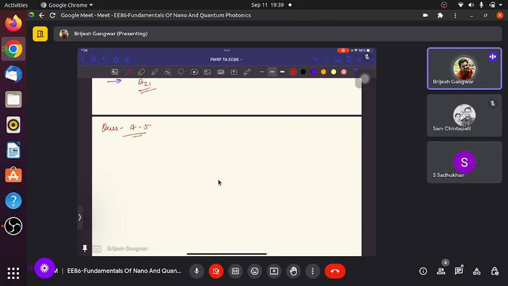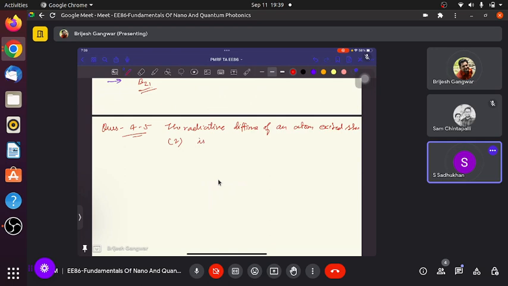Question 4. The radiative lifetime of an atom excited state 2 is given by tau equal to 2 into 10 to power minus 9 second.